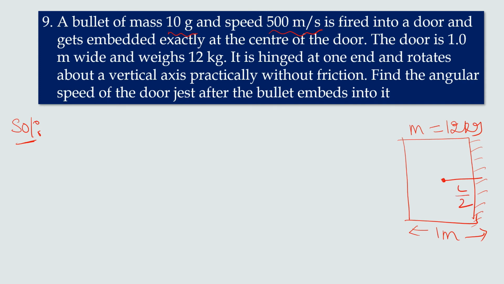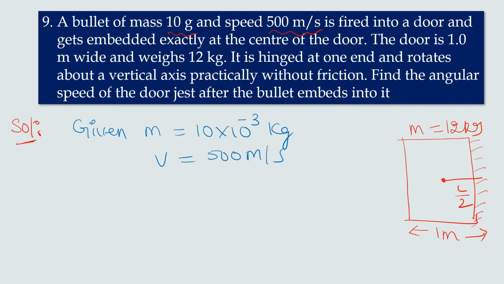Now given, m is the bullet mass, given as 10 grams, converting grams into kilogram, 10 into 10 to the power of minus 3 kilogram, and the speed is given as 500 meters per second, and this door weight M is equal to 12 kilograms, and this width is 1 meter.